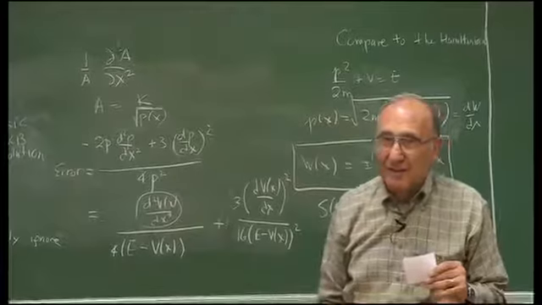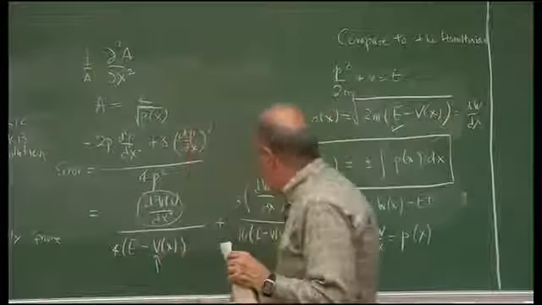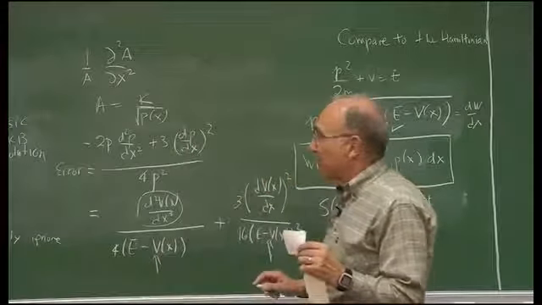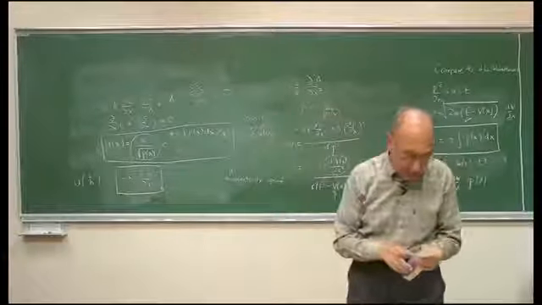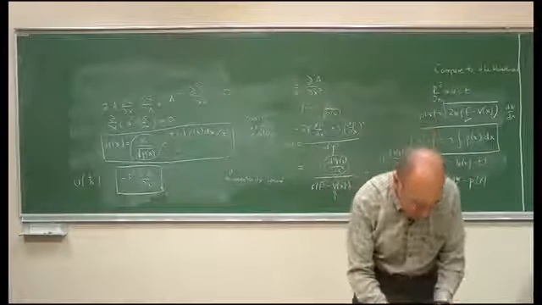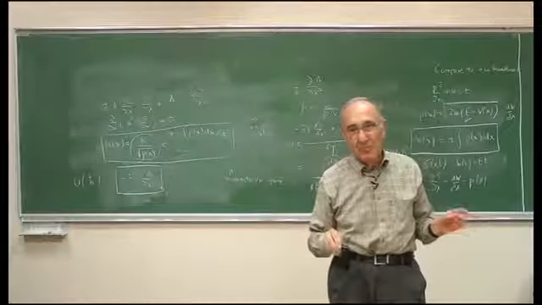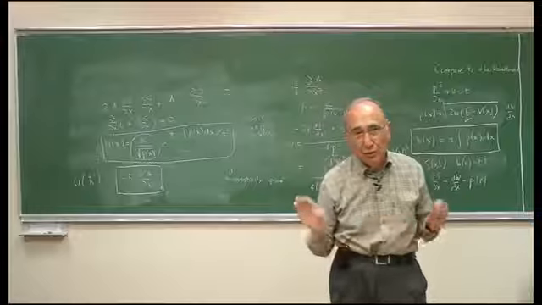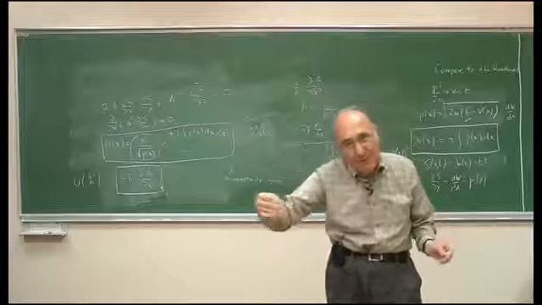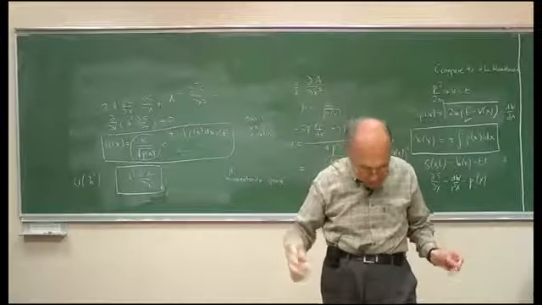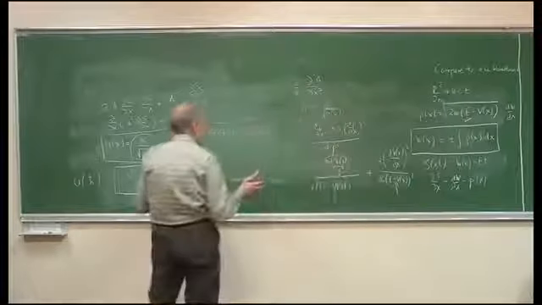However, there is another item here, namely we have E minus V of x here. So that if E minus V of x is going to be 0, then again this approximation is no longer valid. And we must complement this with something else. Now, let's look at what that something else is.